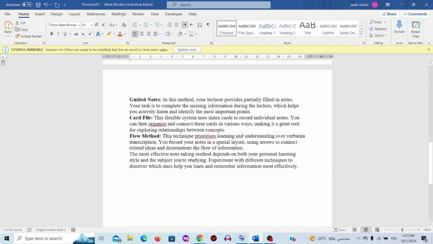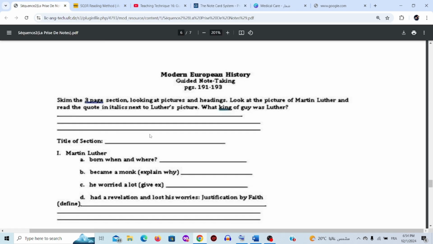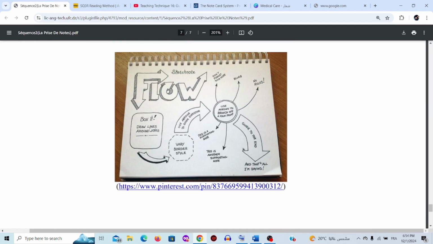Here you are just going to record your notes in a spatial layout using arrows, to connect related ideas and demonstrate the flow of information. So you have ideas, and you have the flow of ideas.